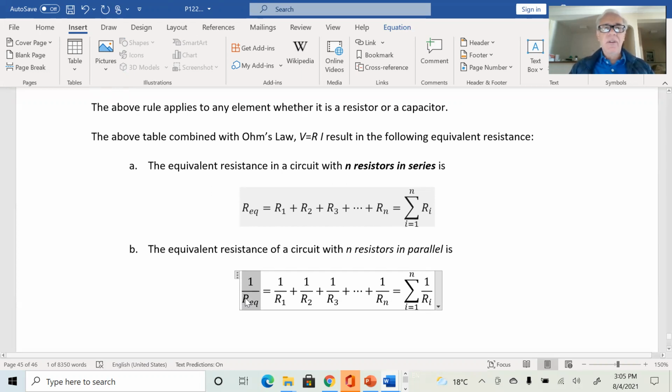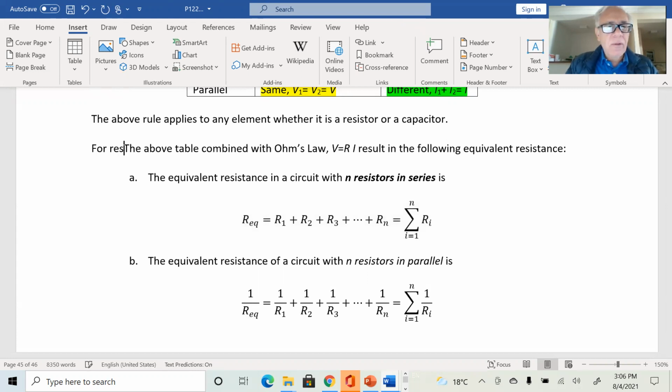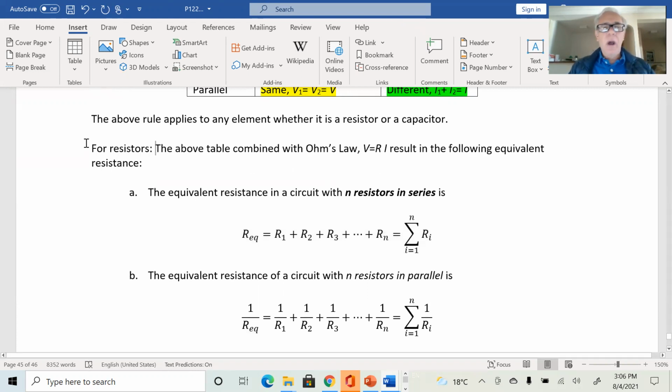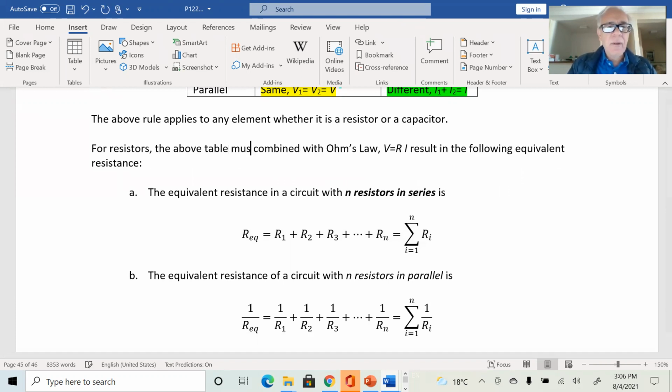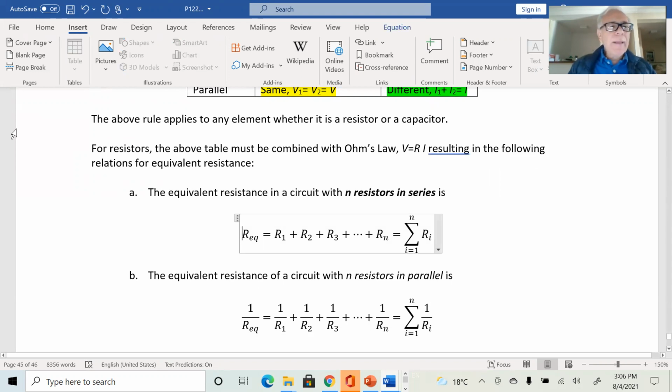For resistors, the above table must be combined with Ohm's law, resulting in the following relations for equivalent resistance.